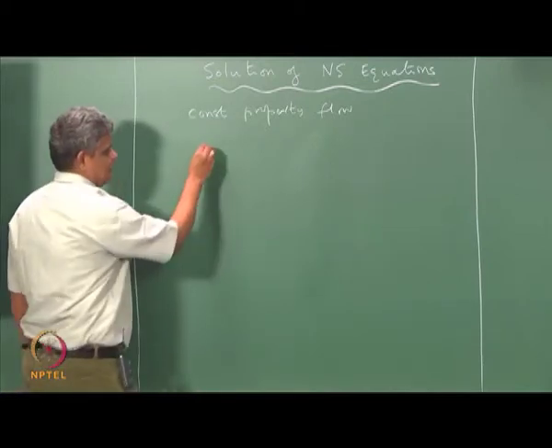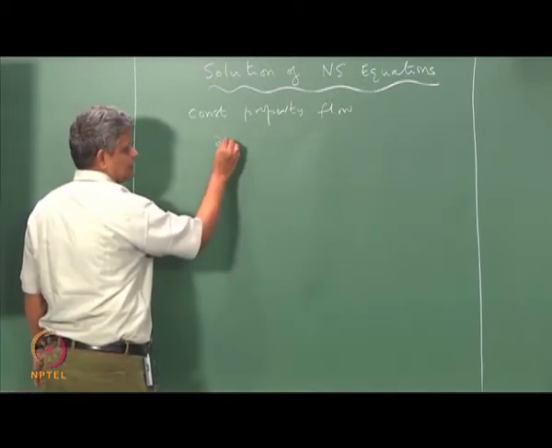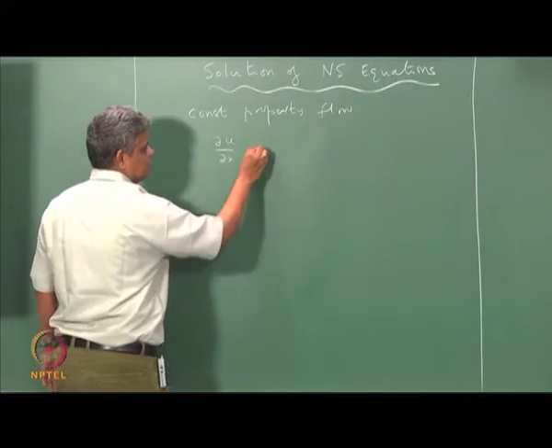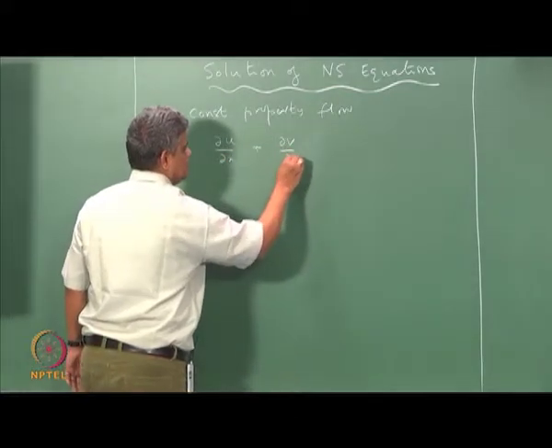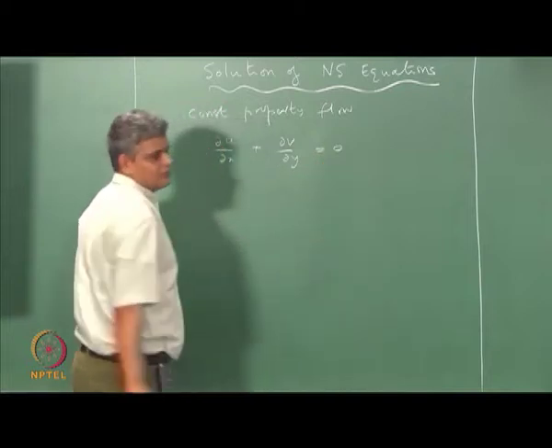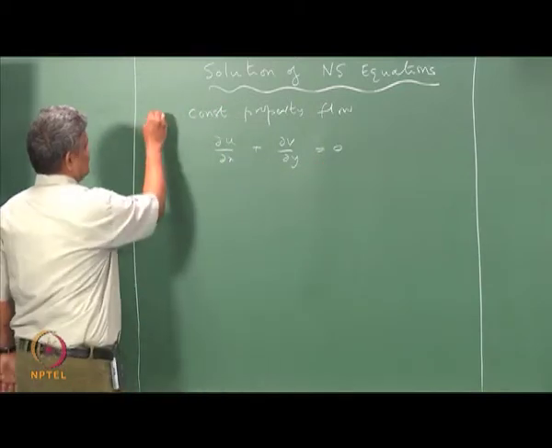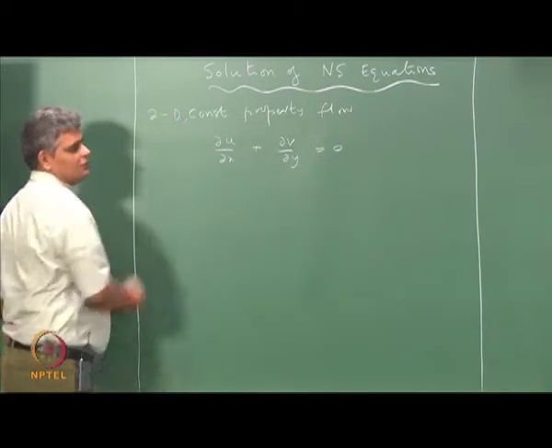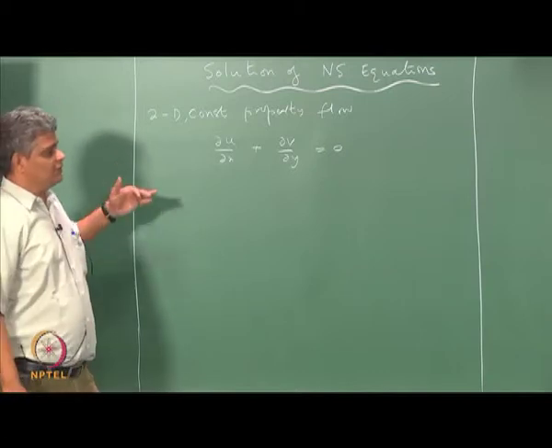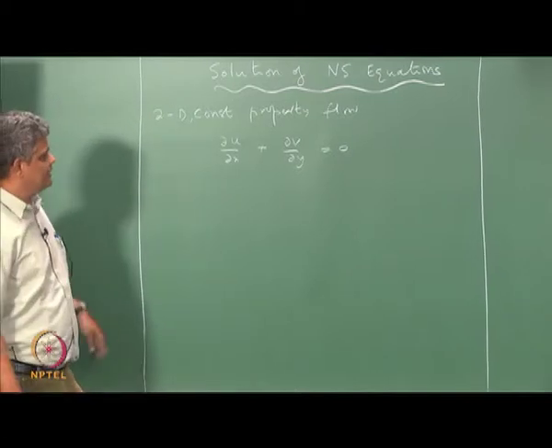we can write this as the continuity equation as dou u by dou x plus dou v by dou y equal to 0. And let us also consider a 2D flow, two-dimensional flow, so that we have fewer number of equations to write.